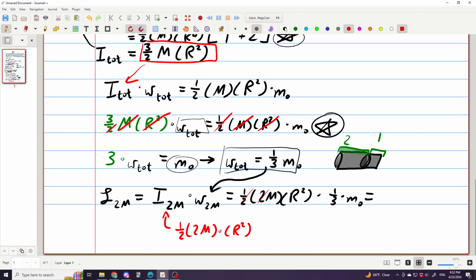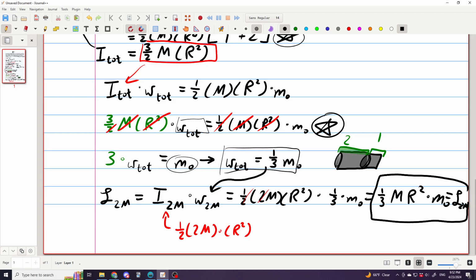Nothing else cancels out. So what we'll end up with is 1/3 times the original mass times the radius squared times the initial angular velocity, and this is the rotational momentum of that second disk. Okay, and so remember, it's not of the full system. We're only looking at this one. We're only looking at that one. Okay, hope that helps.